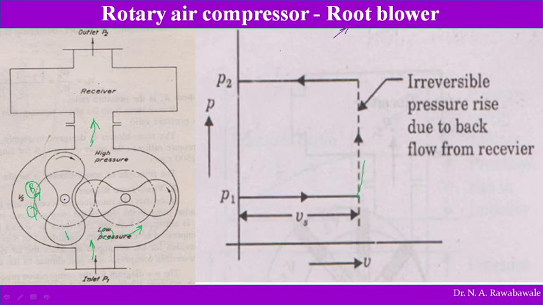So here air just gets trapped, and as soon as this lobe opens the receiver port, suddenly pressure increases and this air is squeezed out at constant pressure. So this is an irreversible pressure rise that we can observe in the case of the root blower. So this is how a root blower works.